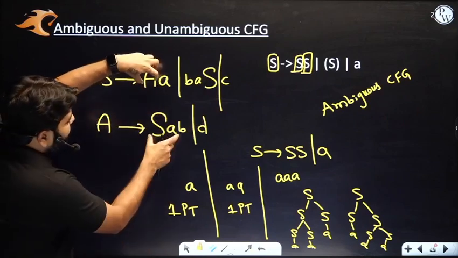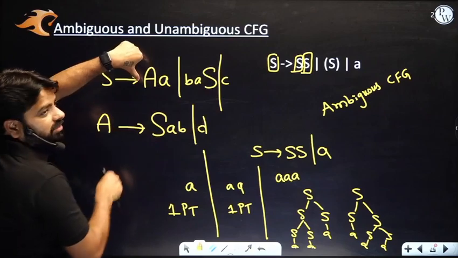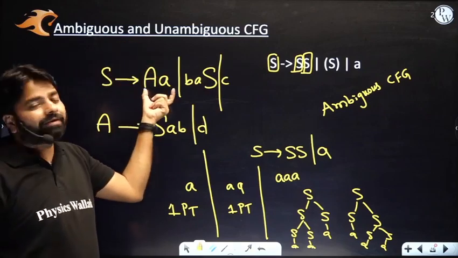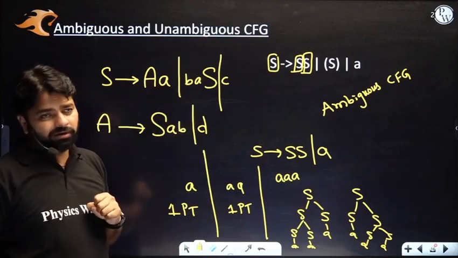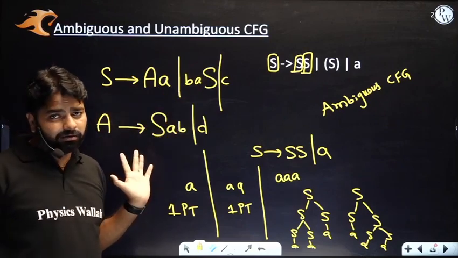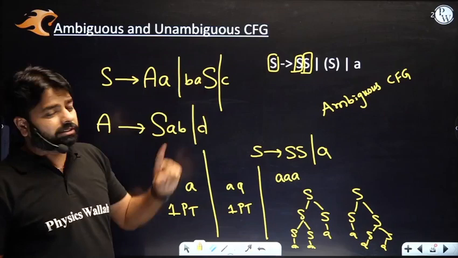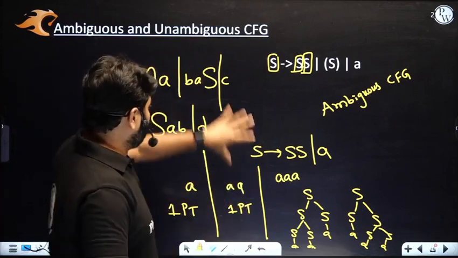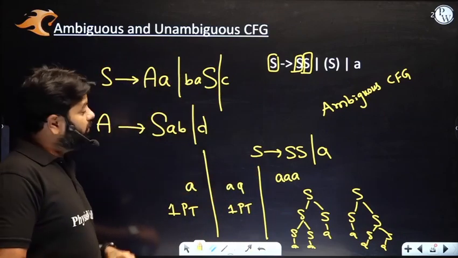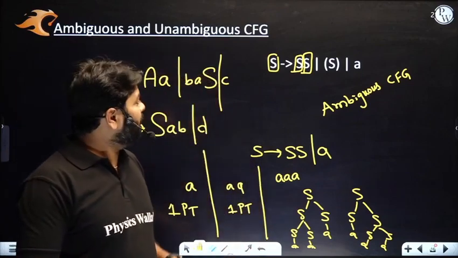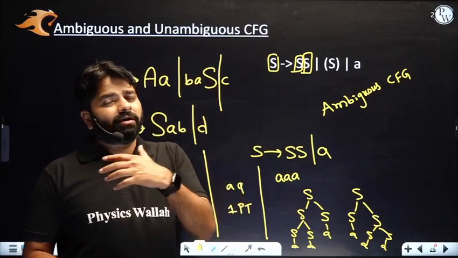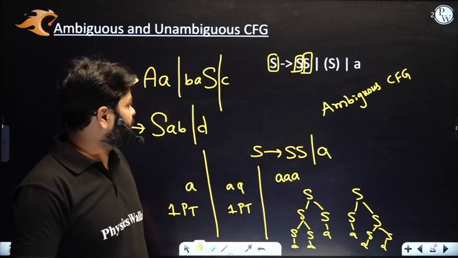Capital A, when you put SAB here, S comes first. That means here indirect left recursion is there. That means S is participating in left and right. A may or may not be participating, we don't care. But S is already participating in both left and right. So this grammar will have ambiguity, will have a string which will be generated by more than one parse tree.